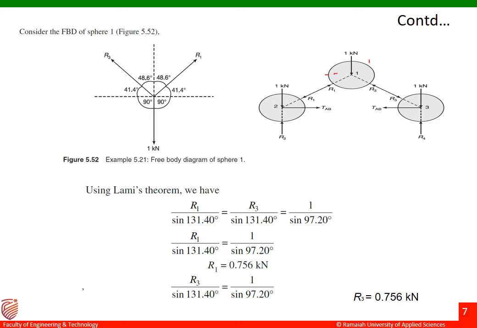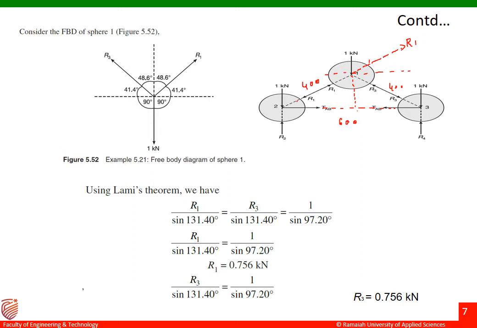Now I'll just draw a line like this, and this is my triangle here. This is 400, this is 600, and this is also 400. I'll find this angle theta, so that I can find the angle between R1 and the horizontal.